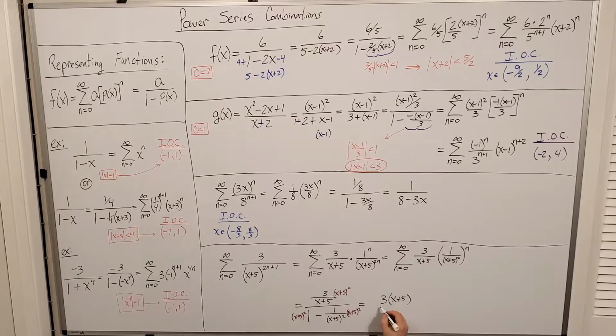Okay, so that's going to result in, here I'll have x plus 5 squared, because it's times 1, minus 1. So then, to make it look like just a normal rational function, that would be 3x plus 15 over, here if I FOIL this out, I'll have x squared plus 10x plus 25 minus 1, so plus 24 would be my rational function.